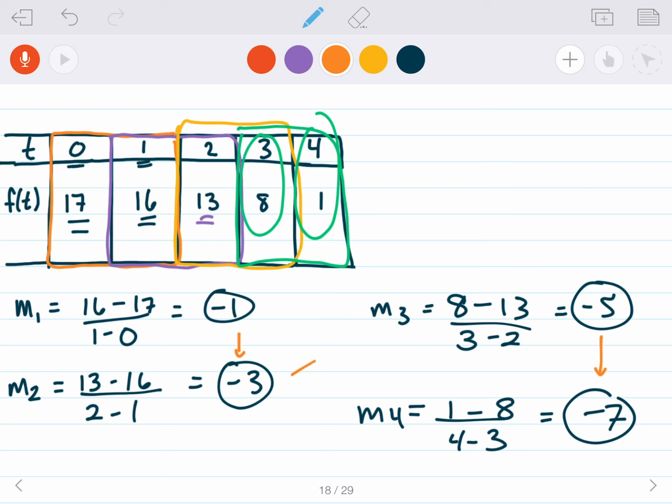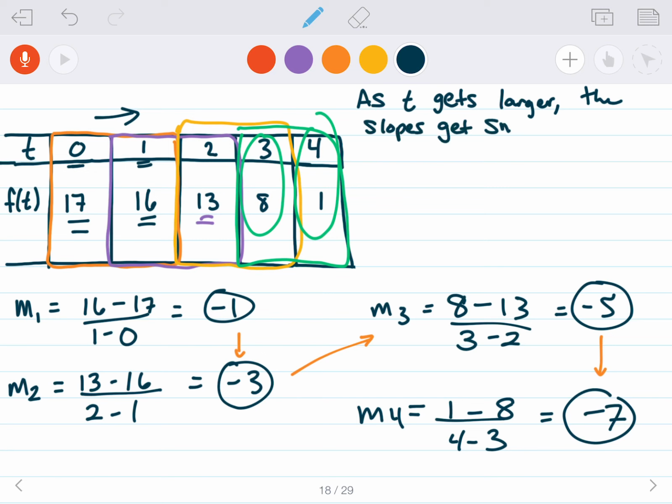So how are the slopes changing? Well, the slopes are getting smaller as we go on, right? So what we can say here is, as we move along, as t or x, whatever you want to think about it, as t gets larger, what's happening to the slopes? The slopes get smaller. We could sketch this if we wanted to see what's happening here.